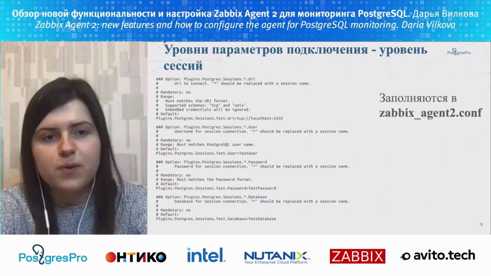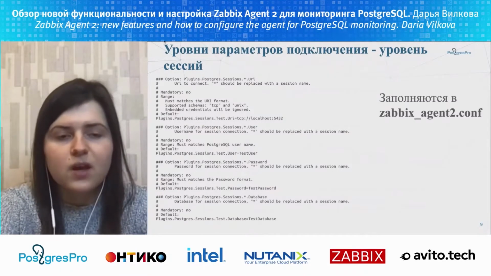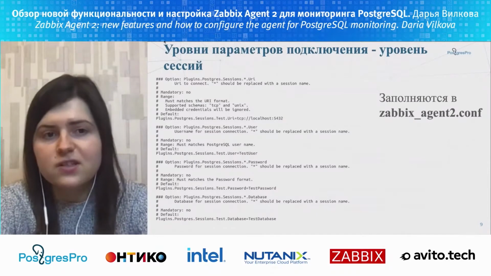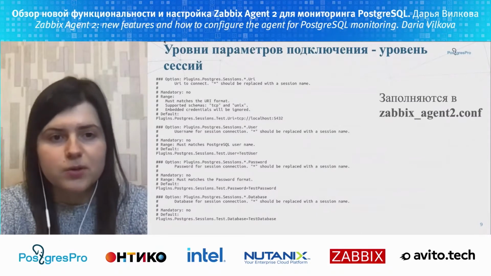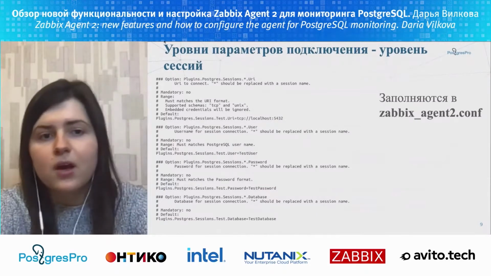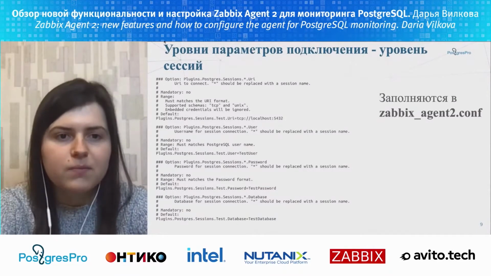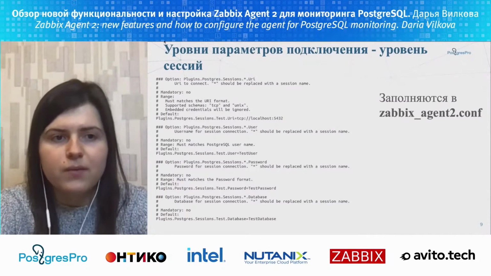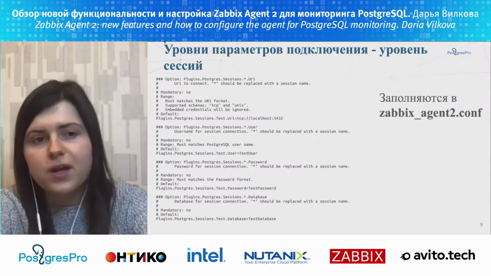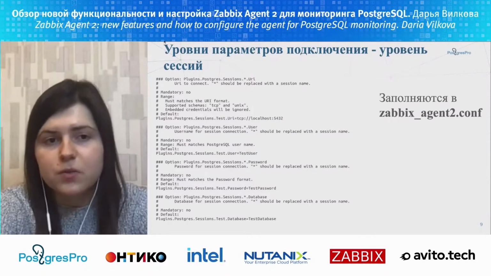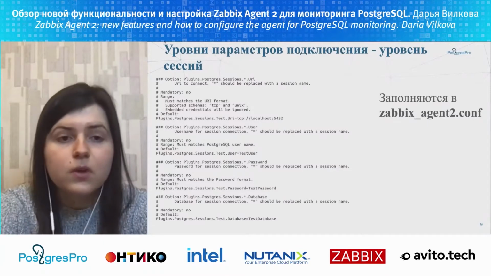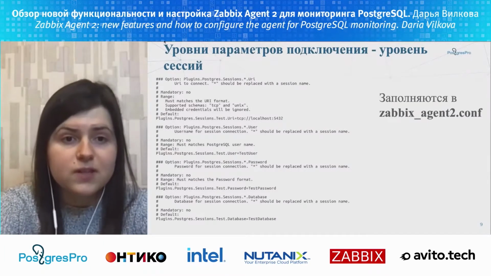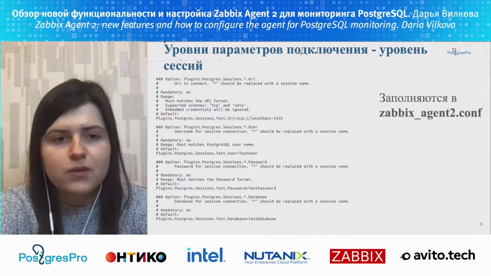Each session contains its own custom parameters of connection to the database, so by creating several sessions we can create several connections to different databases. I'll show you an example. Sessions are created in the configuration file. After the plugin's sessions parameter, we specify the name of the session. My session will be called test.